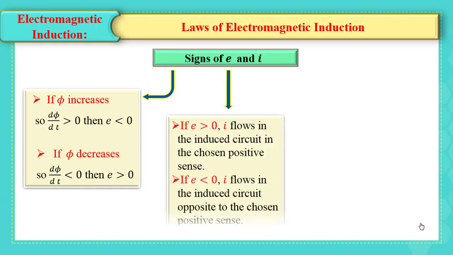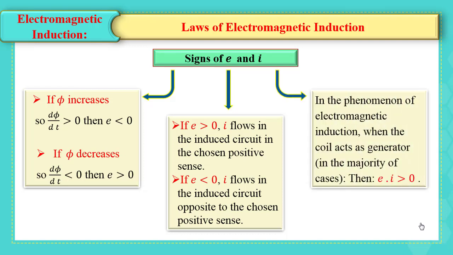If E is greater than 0, I flows in the induced circuit in the chosen positive sense. If E is less than 0, I flows in the induced circuit opposite to the chosen positive sense. In the phenomenon of electromagnetic induction, when the coil acts as a generator, in the majority of cases, E times I is always greater than 0.